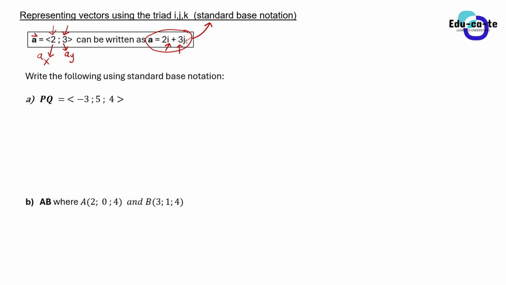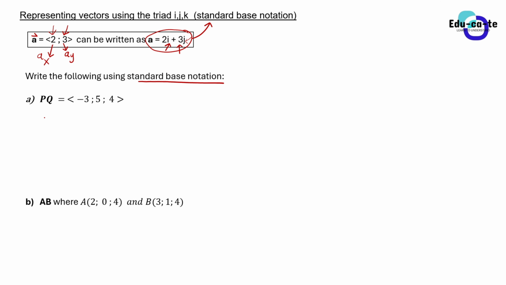If we are given the vector PQ with components -3, 5, and 4, and they say rewrite this using the standard base notation, remember I have to use the triad ijk, where i represents a component on the x-axis, j represents the components on the y-axis, and k represents the components on the z-axis.